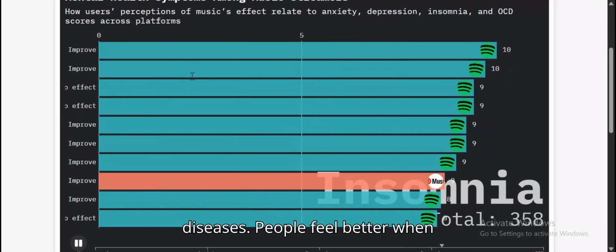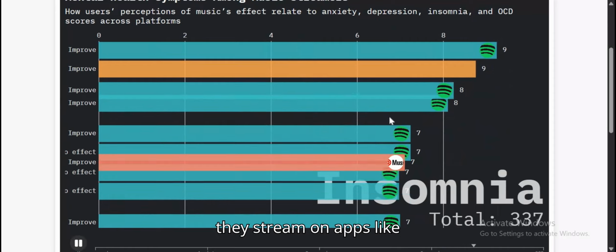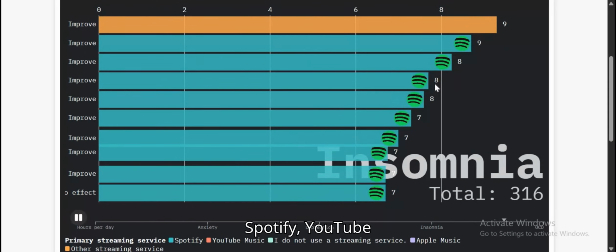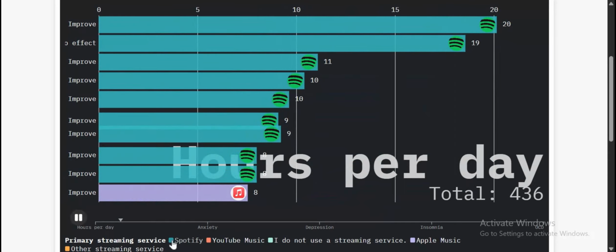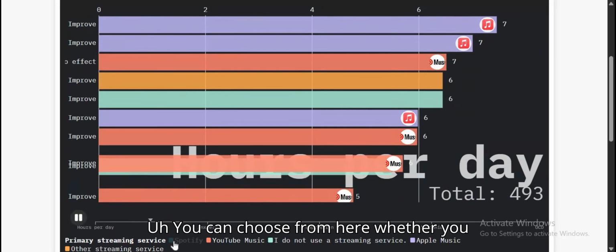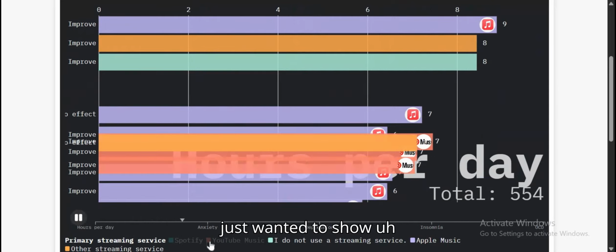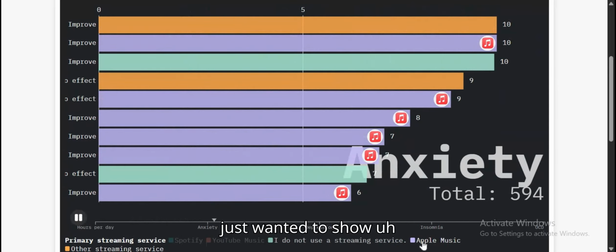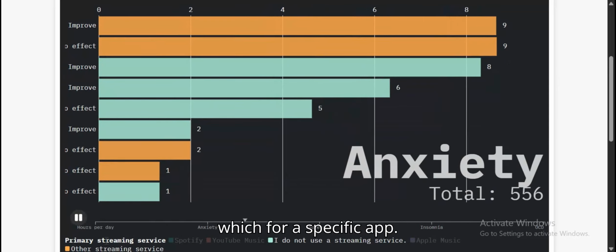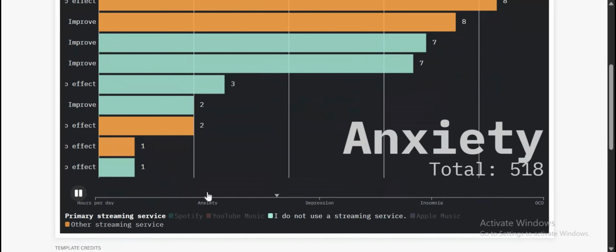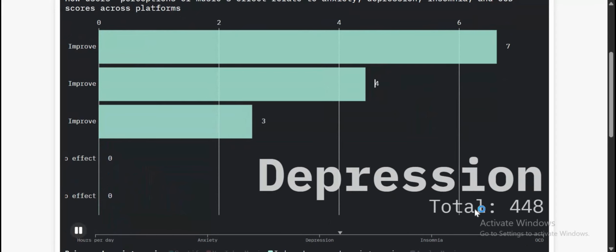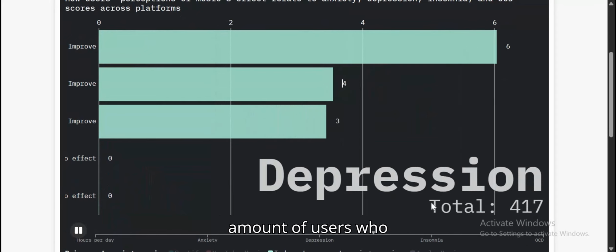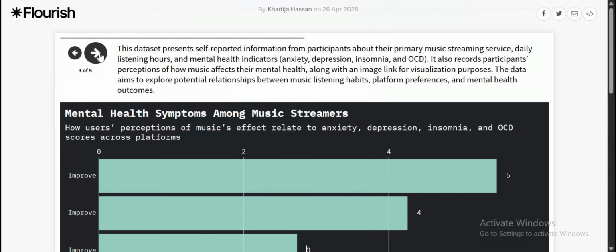People feel better when they stream on apps like Spotify, YouTube Music, and Apple Music. You can choose from here whether you want it to show a specific app. And in the back it also shows the total amount of users who felt improvement.